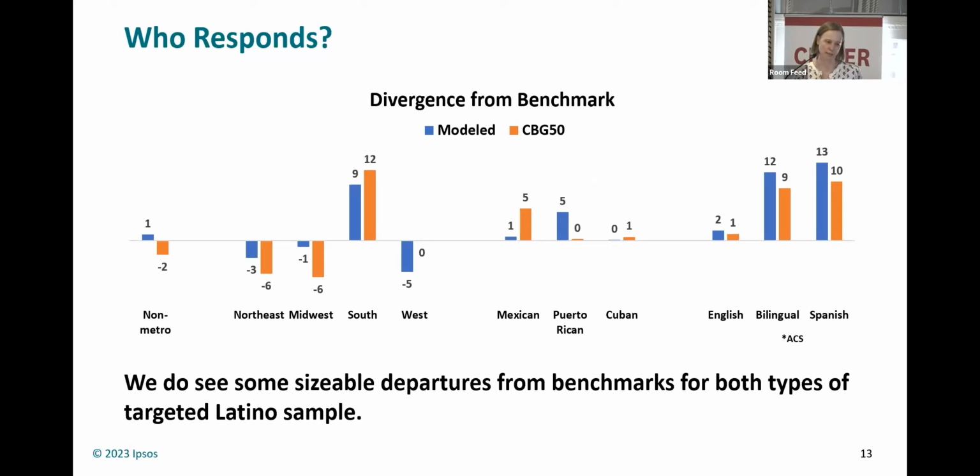CBG 50 and the modeled both really overrepresented the South. There are also some concerns about the origin, and it differs by whether you're using the modeled flag versus the CBG 50 flag. Interestingly, both of the targeting helps with the bilingual and the Spanish population, which is a group that's harder to recruit.